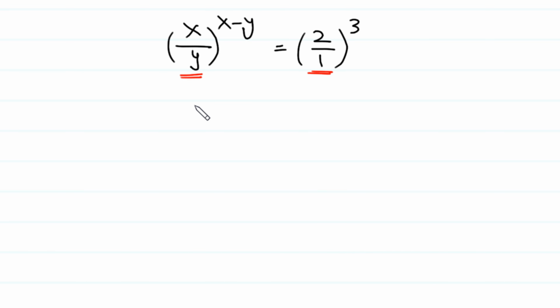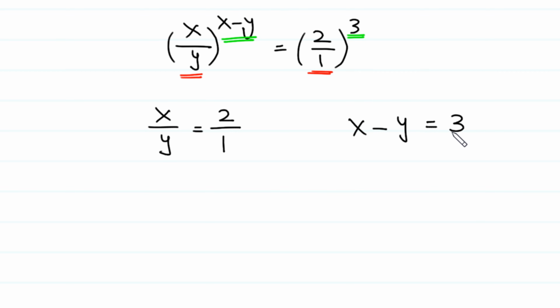So we write x over y is equal to 2 over 1, and at left side the exponent is x minus y, and at right side the exponent is 3. So we write this x minus y is equal to 3.